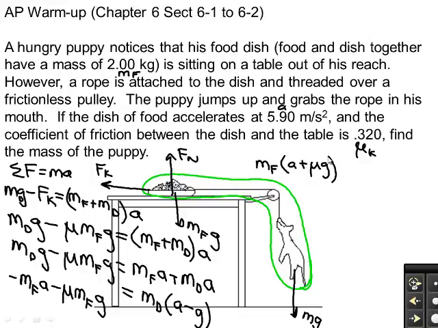So I multiply this side by a negative 1 as well. And if I multiply this side by a negative 1, it becomes m sub d times (g minus a). That just makes me feel happier. And then if we divide both sides by g minus a, we did it. We got the mass of the puppy. Woohoo!